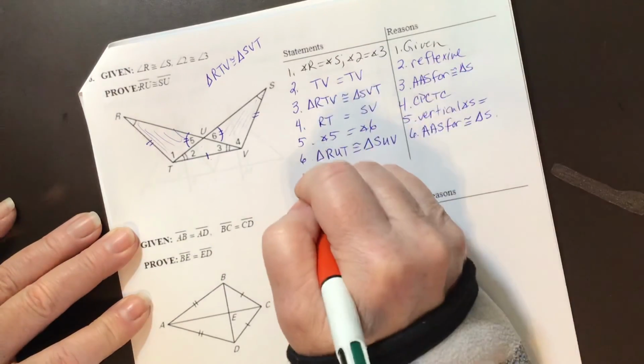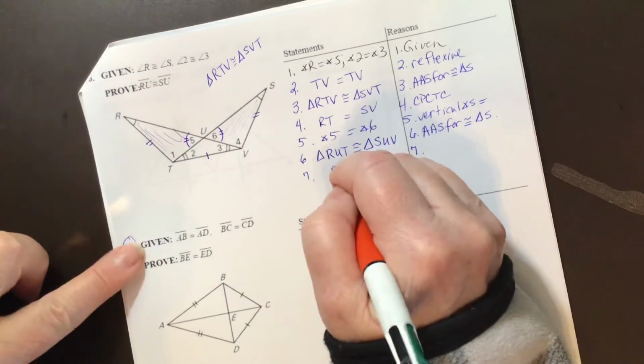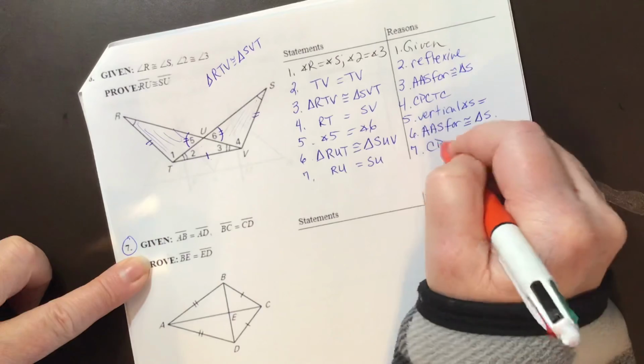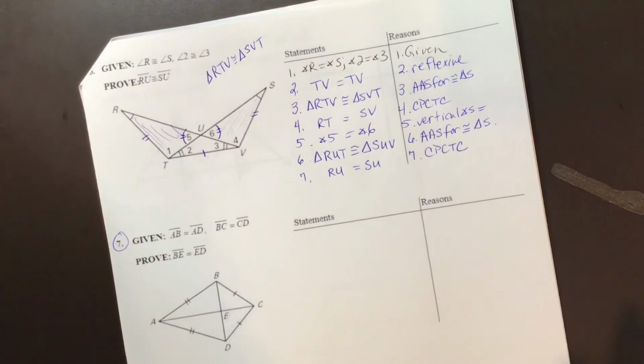So look at how far we've come, you guys. So RU now is equal to SU because of CPCTC. Now I know these are tough, but I think if we walk through them, hopefully they make sense.